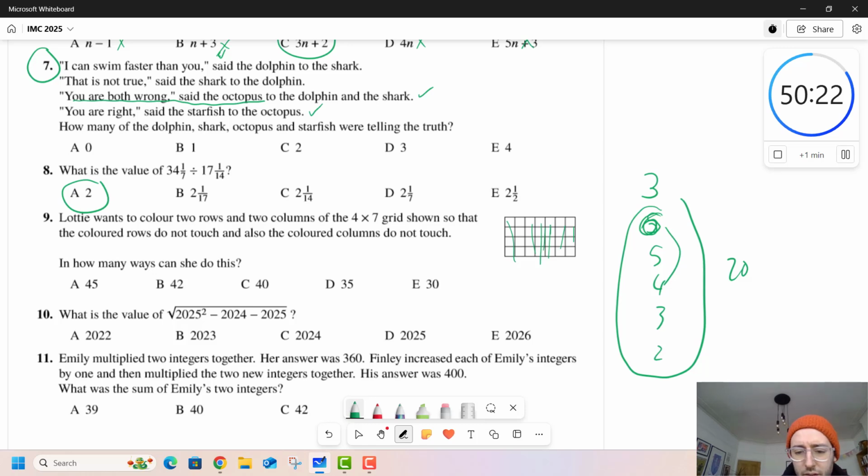So let's look at these again. There's either this option, 1, 2, or 3. 3 options there, and in each of those cases, there's 20. So there's this option, that's 1, 2, 3, 4, 5.